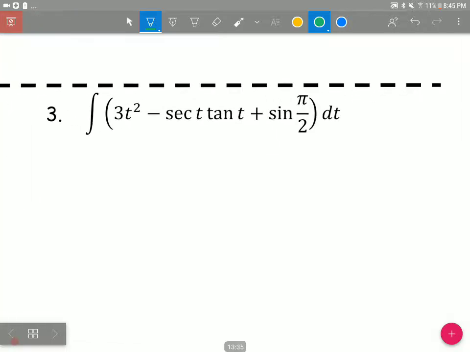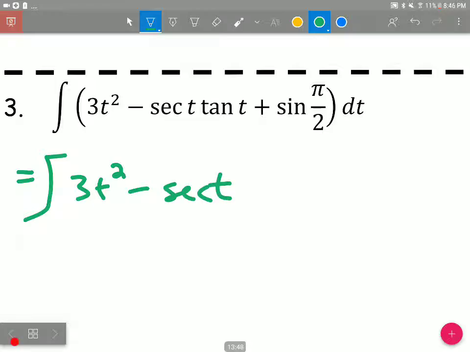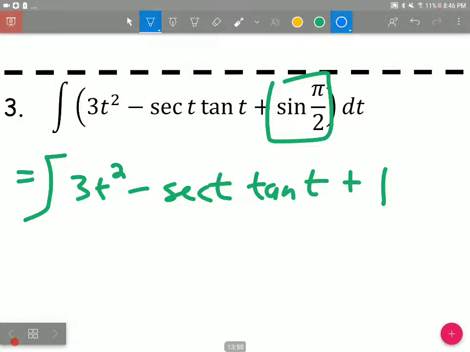All right, this one's a boatload of fun. So again, first things first, you've got the integration of 3t squared, so that's a normal, minus secant t tangent t plus, hey, question, what is sine of pi over 2? Oh yeah, that's 1, all of that dt.